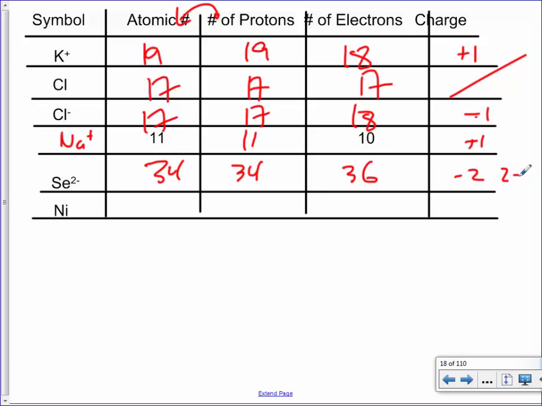If you put like 2 minus, I don't really care how you wrote it. It doesn't make a difference to me. And then nickel is 28. And it should be 28s across the board because there's no symbol. Does that work? Awesome. Okay.